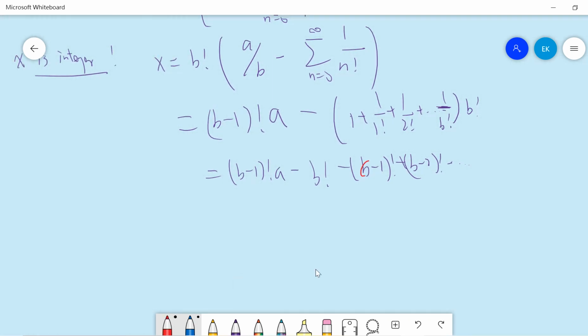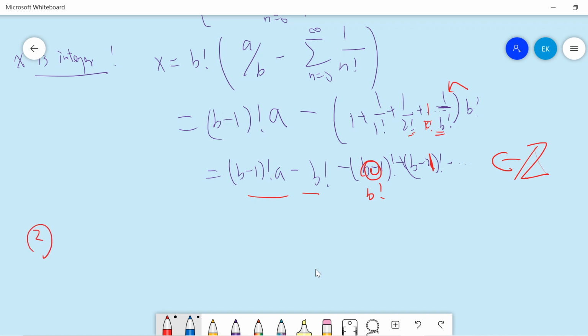Since all of these terms contain 1 over k factorial, but k is at most b, all these terms are integers. So x is an integer.